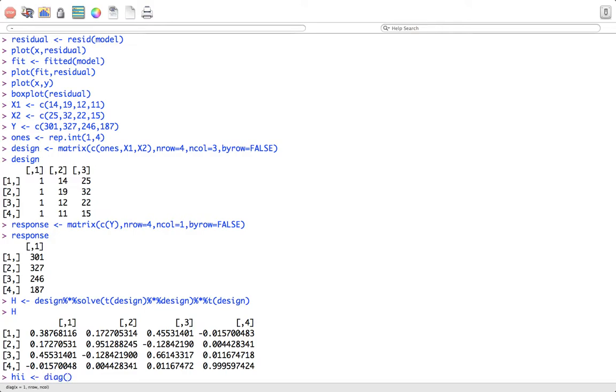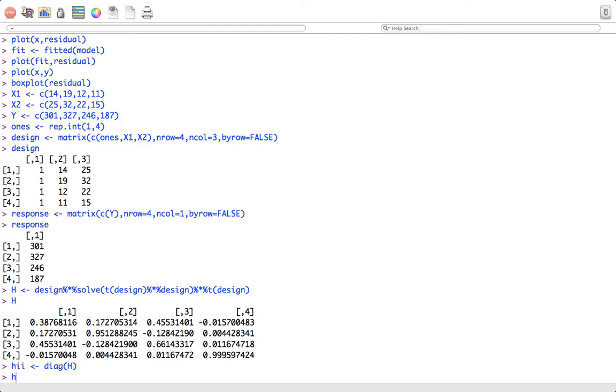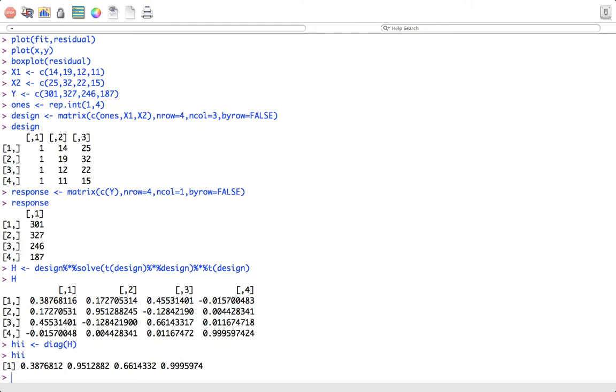And I can come in and actually do diagonals, and I can create a string of the values on the diagonal. I was sitting there praying that that was going to work, and it actually did. Now, what I can do now is use the hat matrix to create my errors.